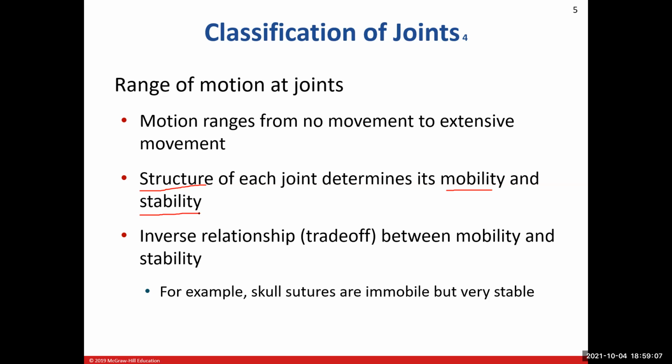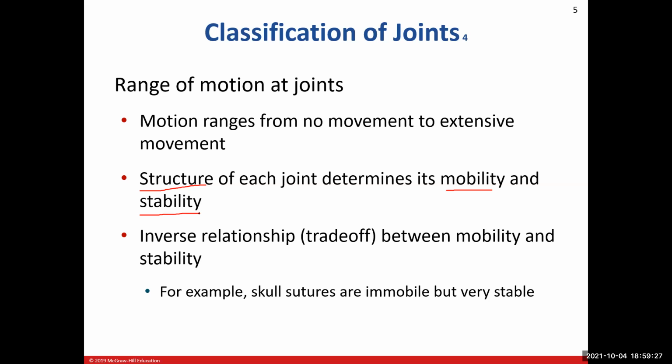So you increase one, you decrease the other. That's what we're going to see here. Joints that have a lot of stability will have very little mobility, and joints that have a lot of mobility will have decreased stability.